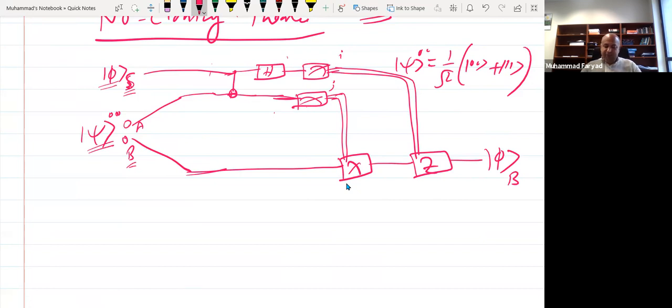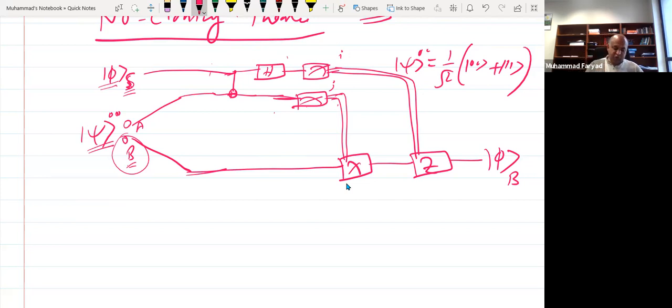Now, this is a protocol that I have drawn if you want to send the classical information to somebody else, and that somebody else already possessed this qubit B, and then it can prepare or transform this qubit B in state phi. Okay, so this circuit as I have drawn it right now is essentially not for quantum computing, but for quantum communication.